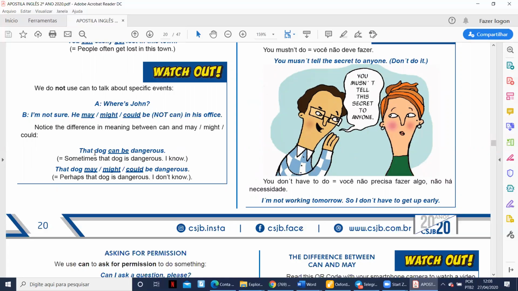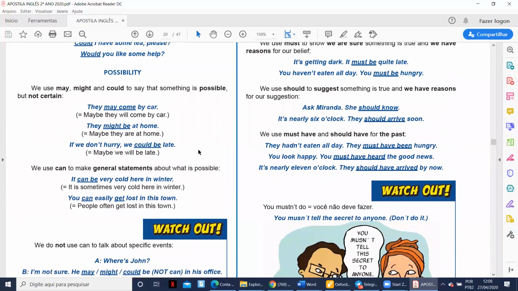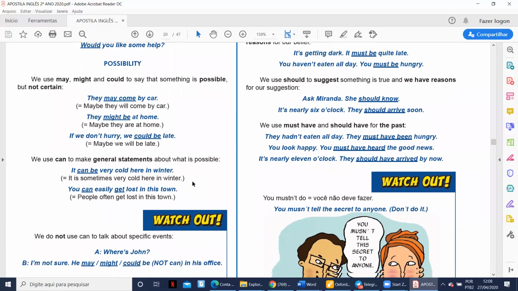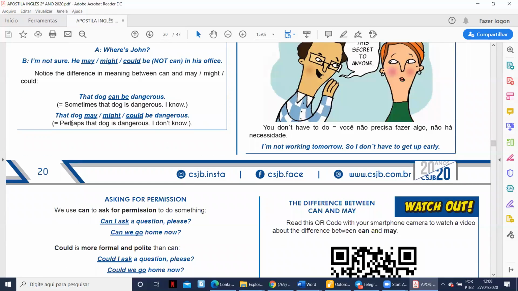So when I say that dog can be dangerous, I'm using can with this idea here, okay? General statement. When I say that dog may be dangerous, asking you to watch out for the dog. Perhaps that dog is dangerous. I don't know. So look at the difference. That dog can be dangerous.